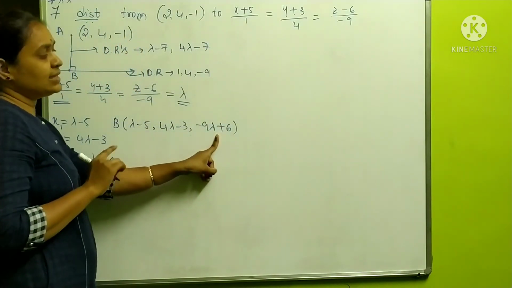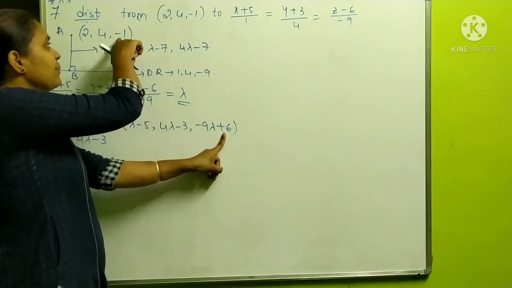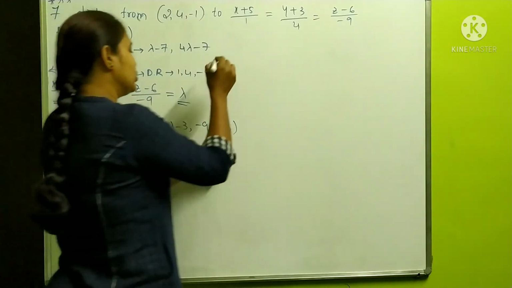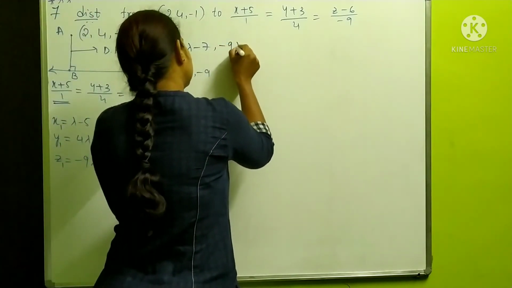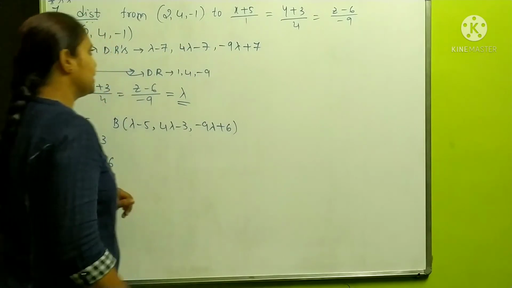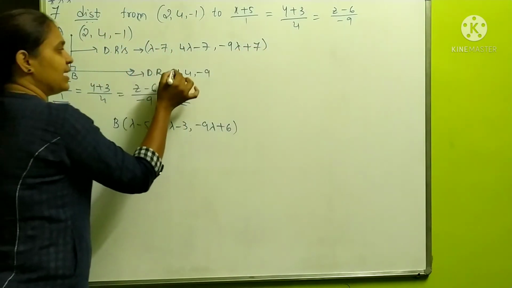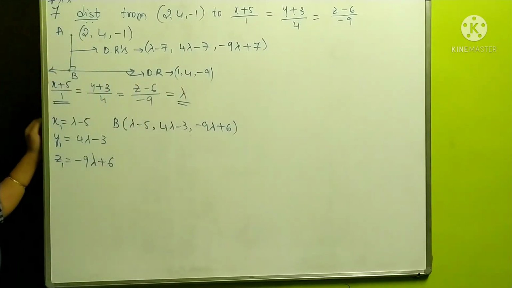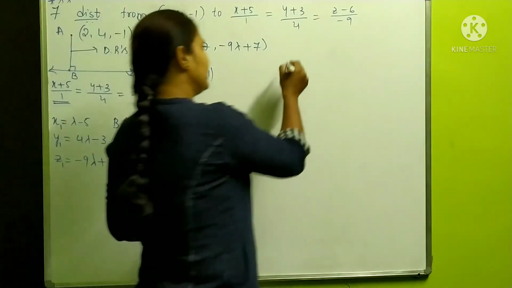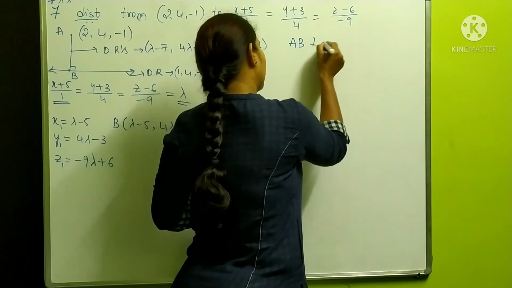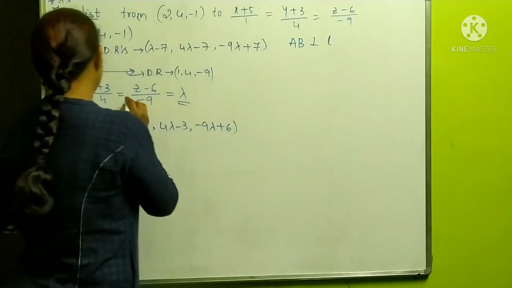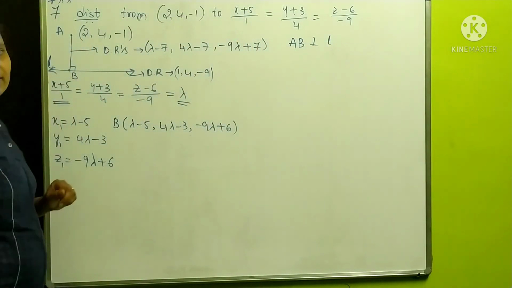Minus 9 lambda plus 6, minus 1, minus into minus plus, so it is going to become minus 9 lambda plus 7. So these are the direction ratios of AB. These are the direction ratios of this line. You see here, AB is perpendicular to the given line. Correct? AB is perpendicular to the given line.